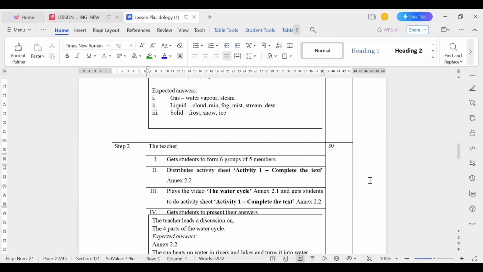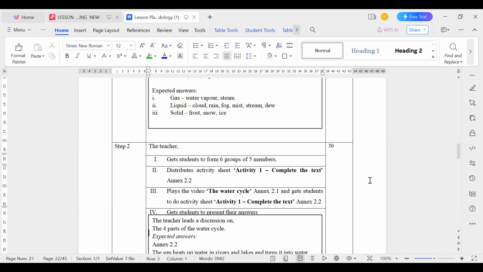We actually learn grouping as a technique also. Here you can go for heterogeneous grouping, with different abilities.